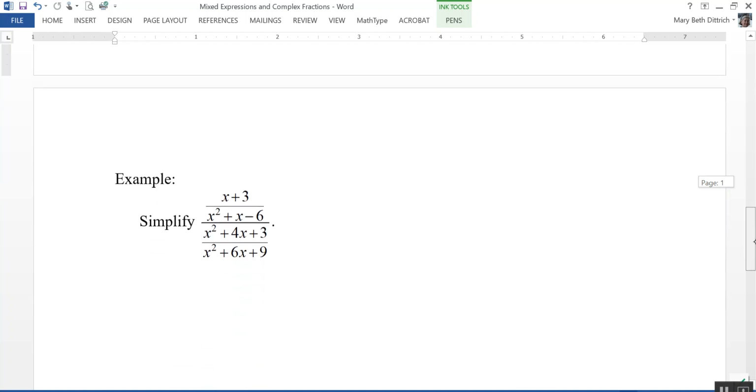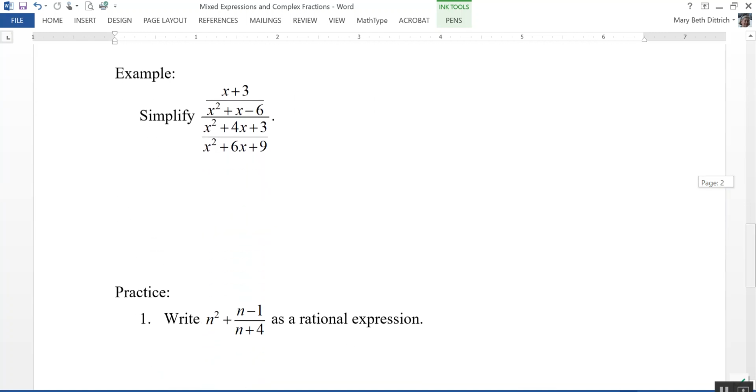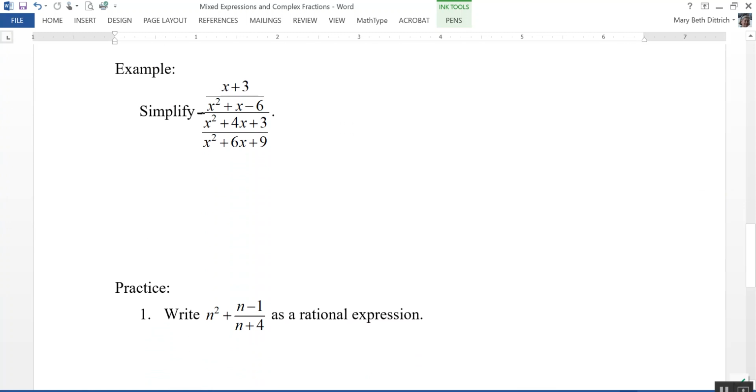So let's take a look at an example here. It's a little hard to see, but we do have a big fraction bar right through the middle right here. Okay, so I have x plus 3 over x squared plus x minus 6 divided by x squared plus 4x plus 3 over x squared plus 6x plus 9. First thing I need to do is factor everything.